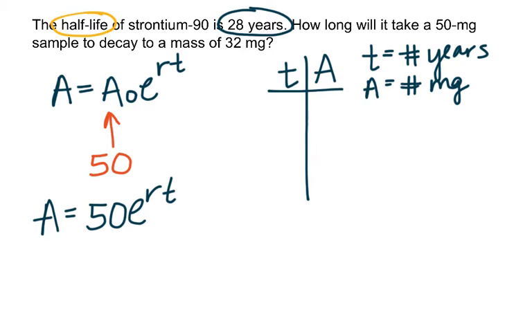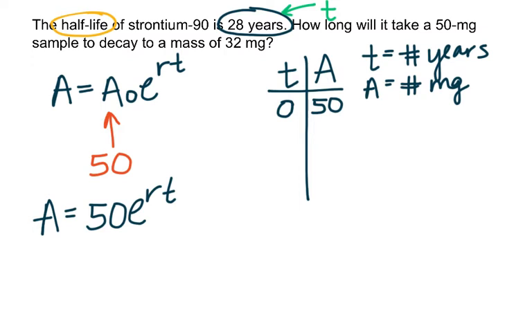So it says we have a 50 milligram sample, meaning at time 0 we have an amount of 50 milligrams, which we've already used in our model. Now the half-life is 28 years. Remember that this 28 years is a time. So the most common mistake is people sometimes will put the 28 in the wrong side of the table.